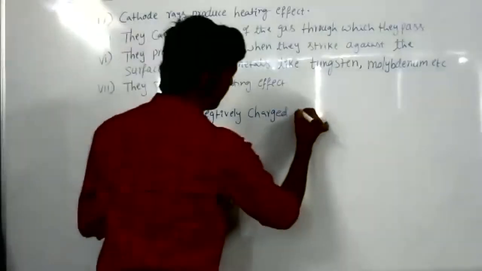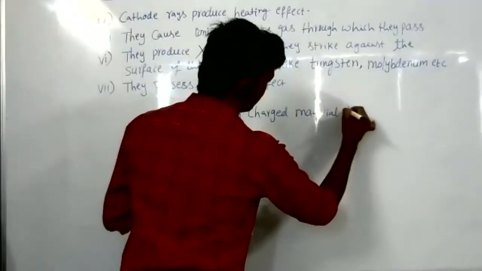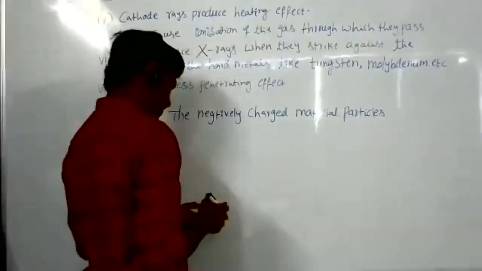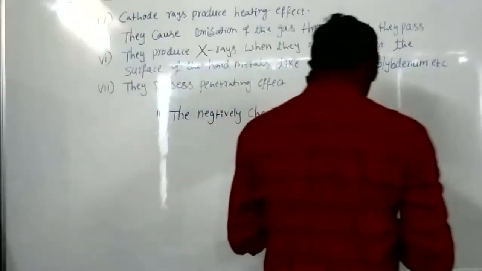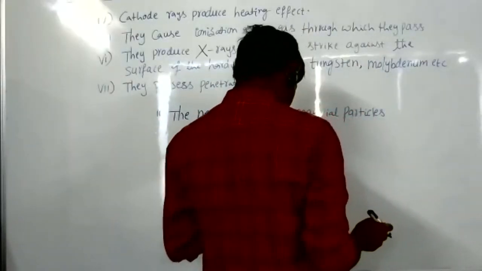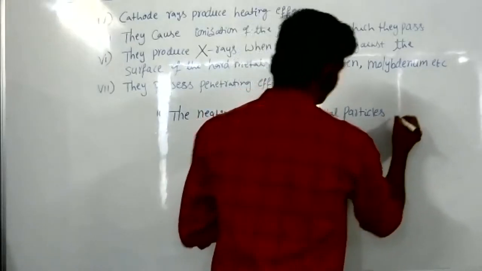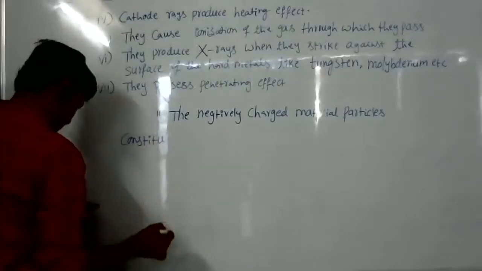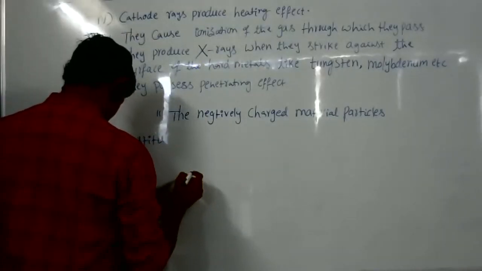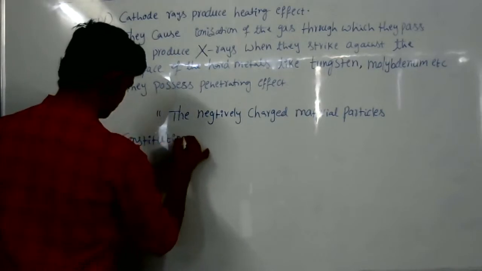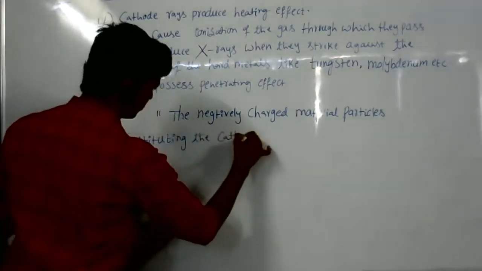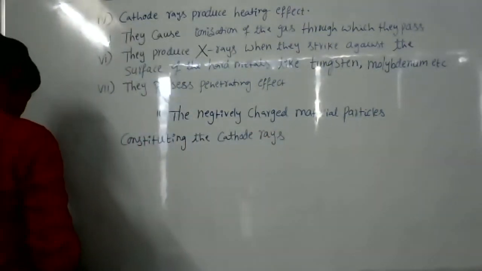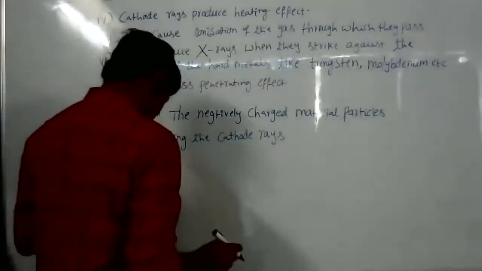The negatively charged material particles constituting the cathode rays are called electrons.